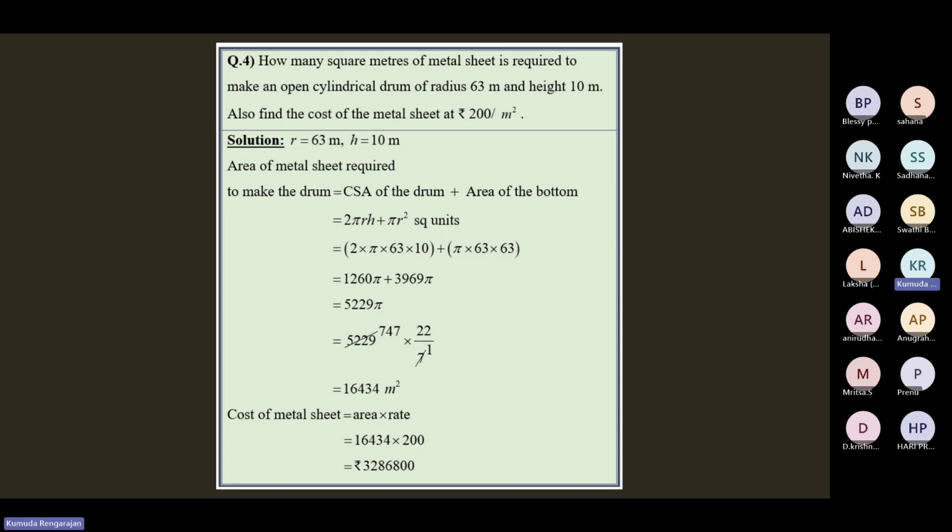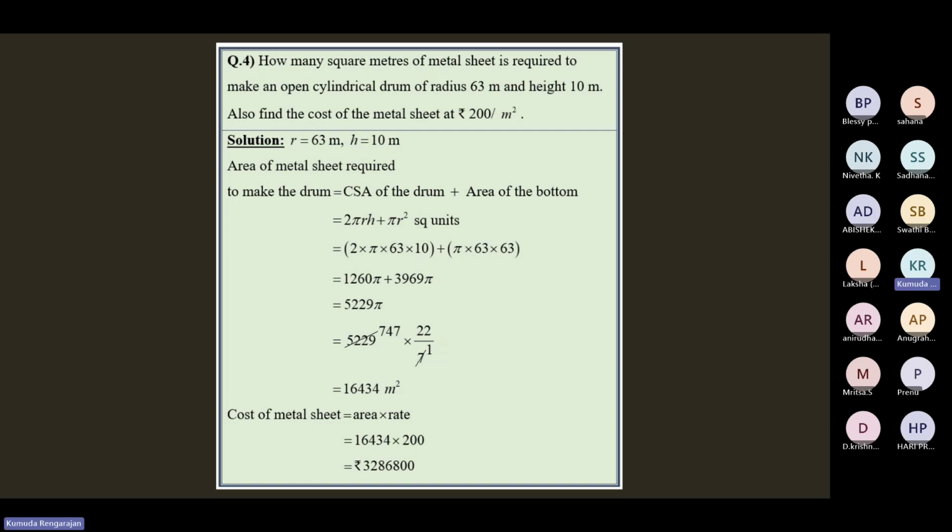The metal sheet is used to make the CSA of the drum, so find the CSA. And the metal sheet is used to make the bottom of the drum, so find the area of the bottom. The metal sheet is not used to make the lid because it's an open cylindrical drum. So don't find that area. Find only where the material is used. On top, no material because it's open.